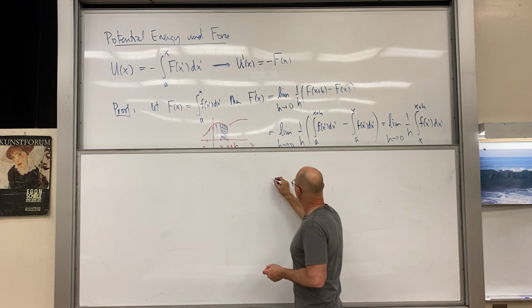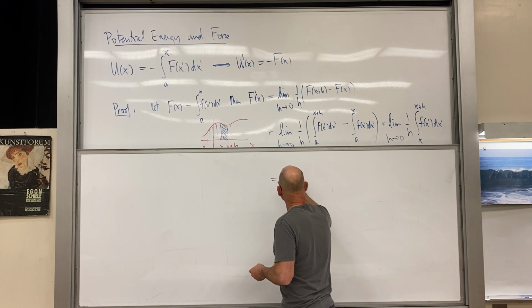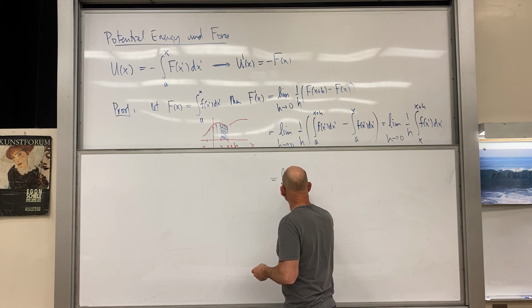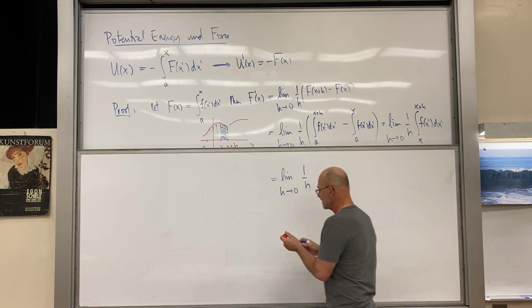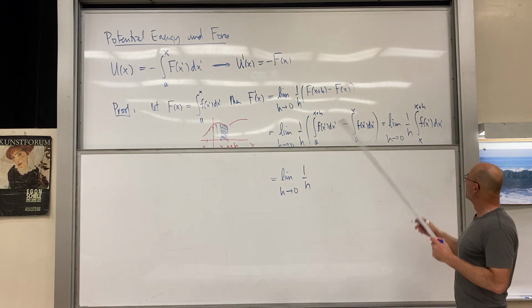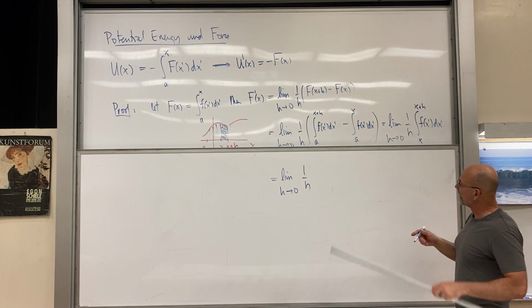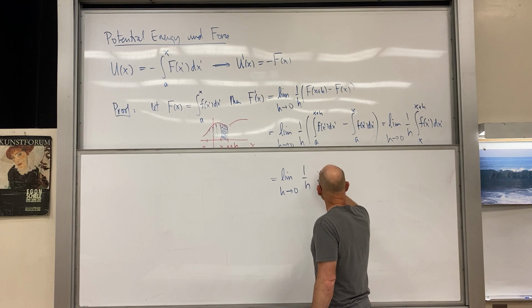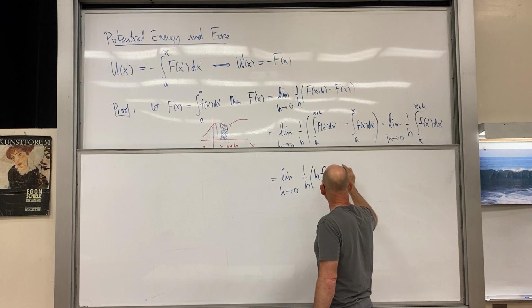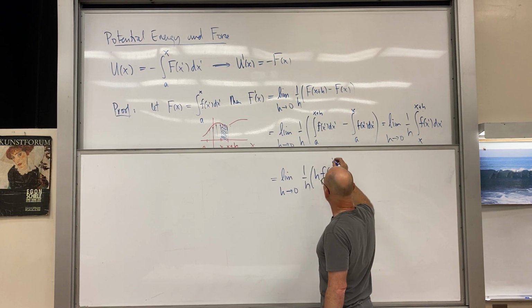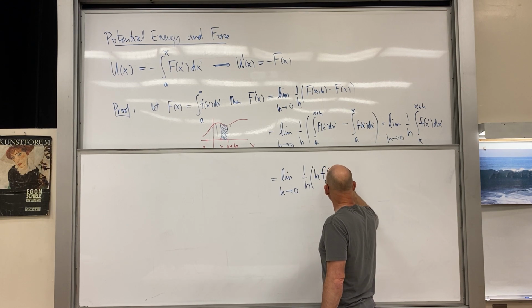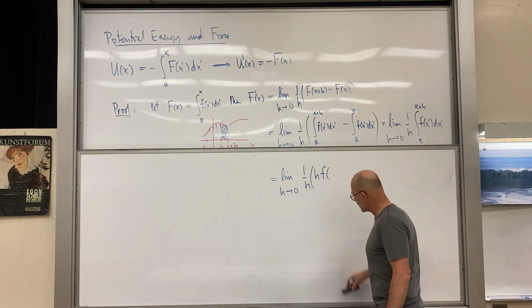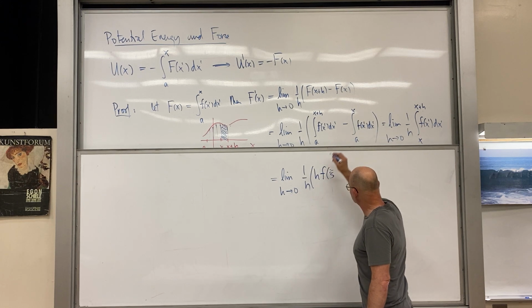So we have the limit as h goes to 0 of 1 over h, and this integral itself can be expressed as h times f of, I'm just going to use an x sub 0. Well, I'm going to use a Greek letter c.